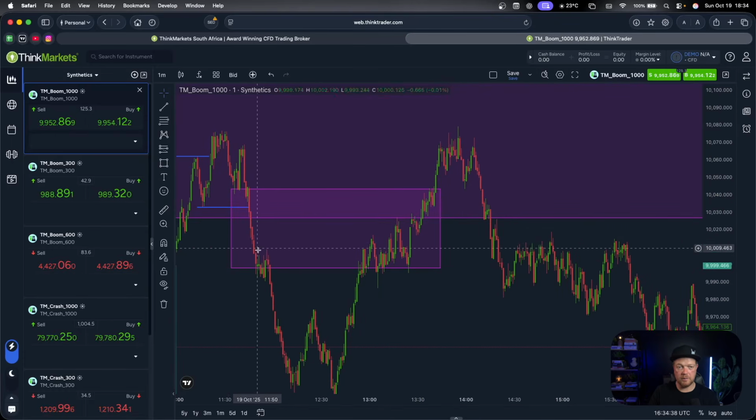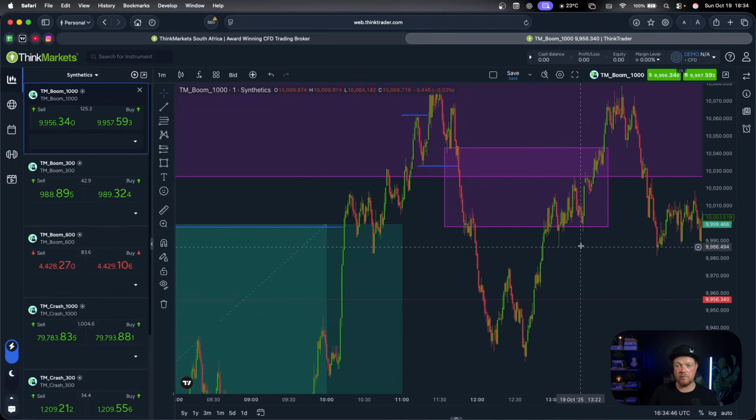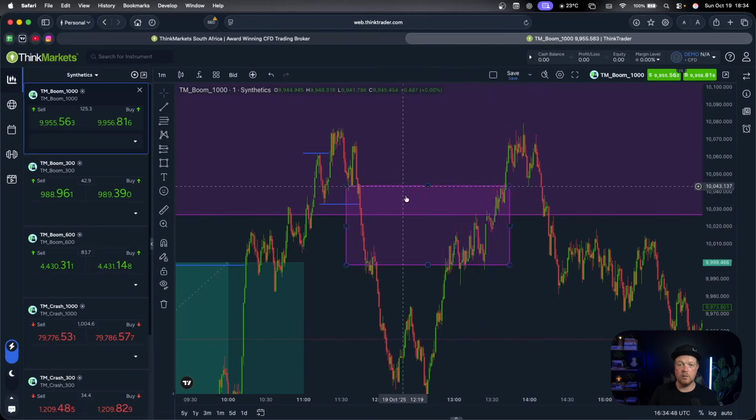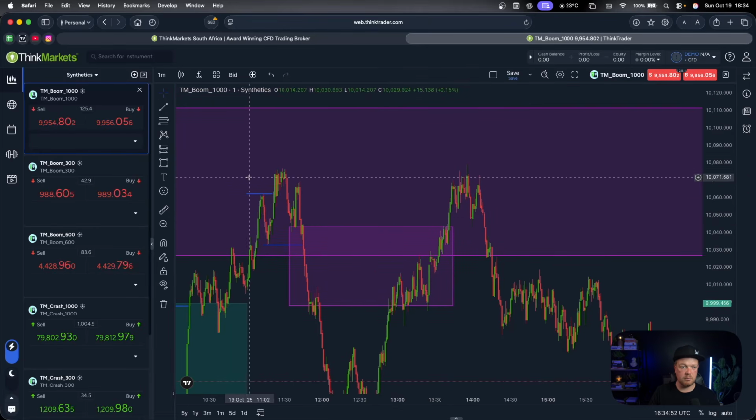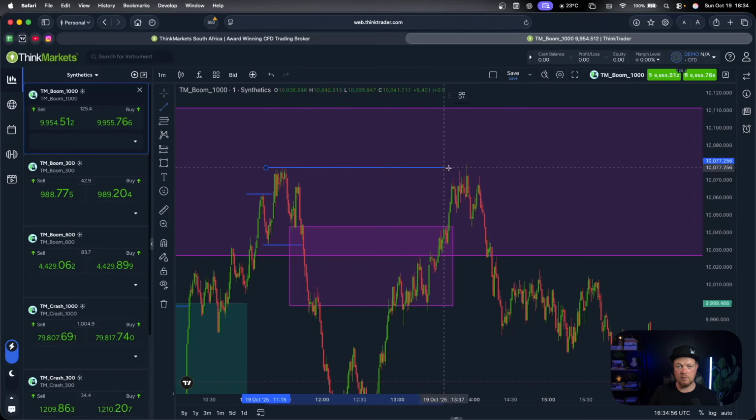There's a bunch of fair value gaps resting right over there. As you can see, price didn't really react. So if you entered here, there's nothing wrong with it. You followed the rules. You would have gotten a stop loss right over here. Okay, stop loss hit.